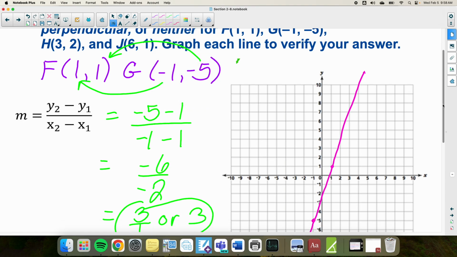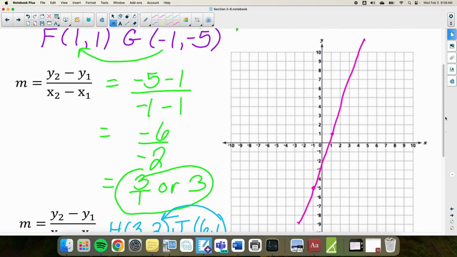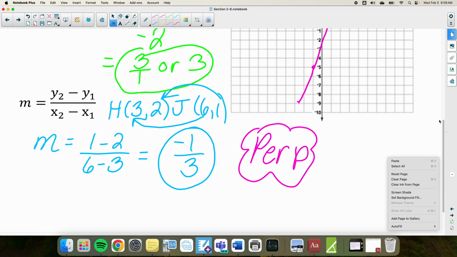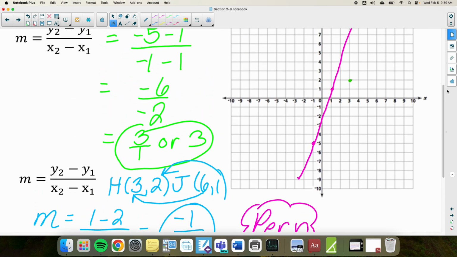And we're gonna graph 3, 2, as well as 6, 1. Okay, so this one is coming down.